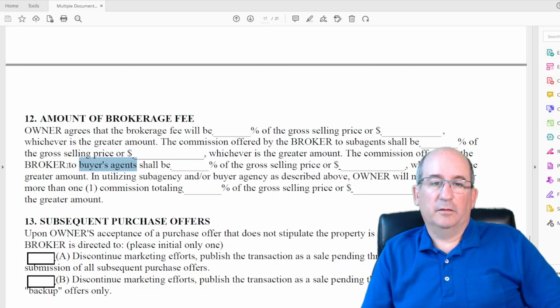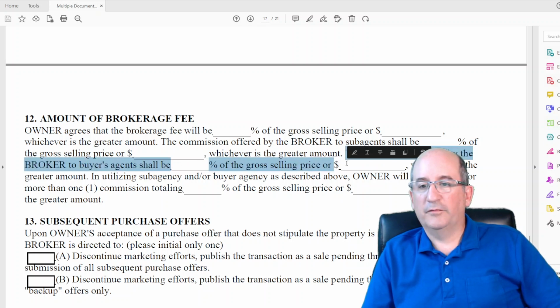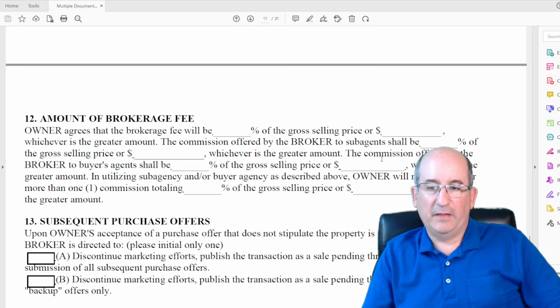So then the buyer's agent shall be a percentage. If it was 6 up here, maybe it's 3 down here, right? Or if it's a flat fee at the top, it'll be a flat fee, part of which is for them.